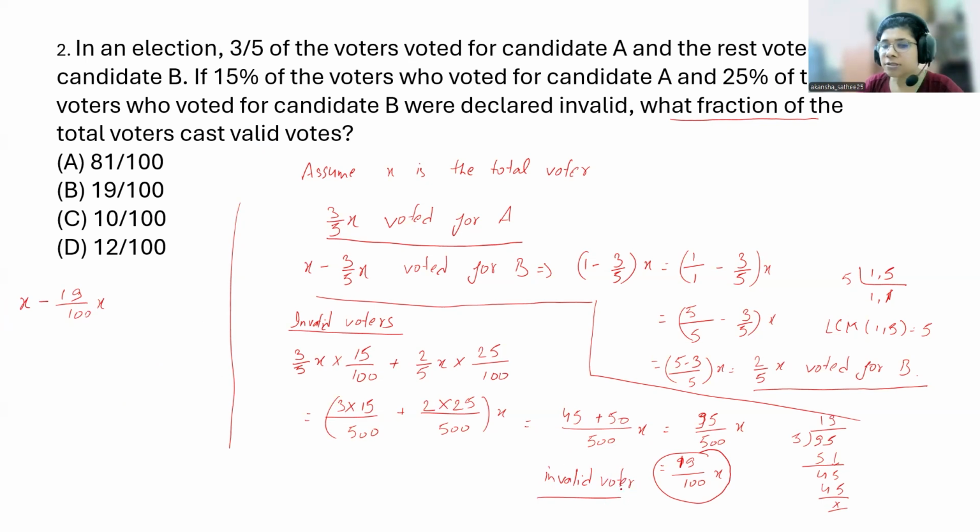So valid voters are total minus invalid, and that is equal to, again you can take LCM and see, 81 upon 100. These are the valid voters. Okay.